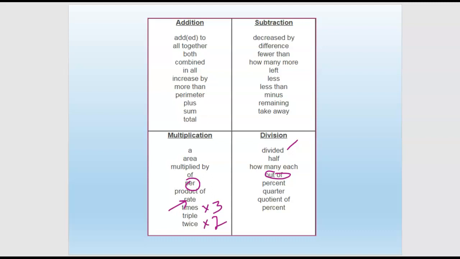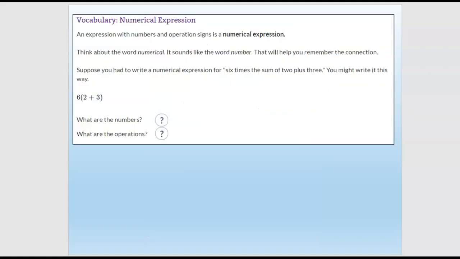I think the most important keywords to remember are the words that describe the answer to an addition problem, the sum, the answer to a subtraction problem, the difference, the answer to a multiplication problem, the product, and the answer to a division problem, the quotient. Those are really important keywords to have memorized.